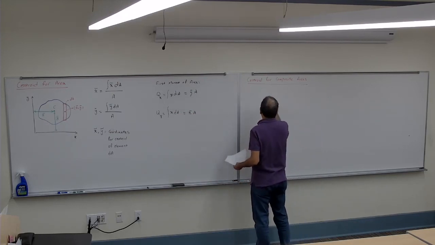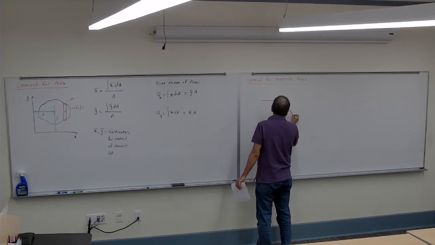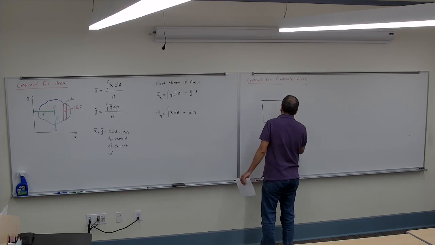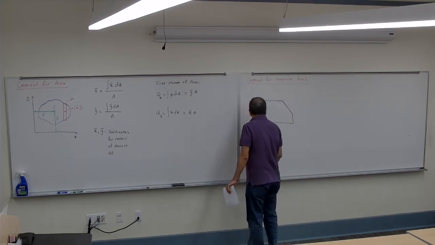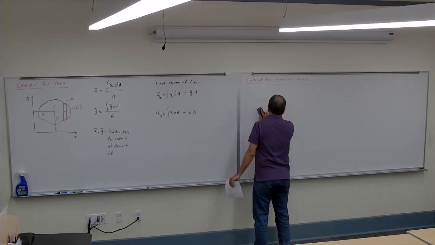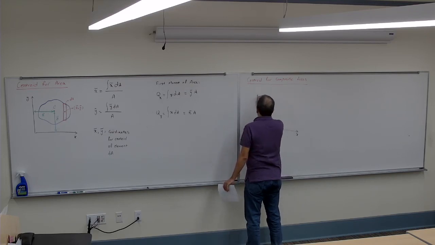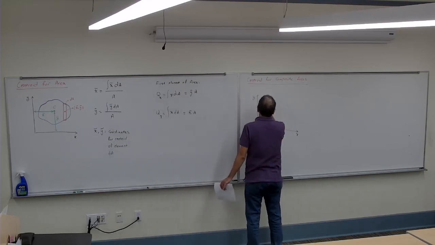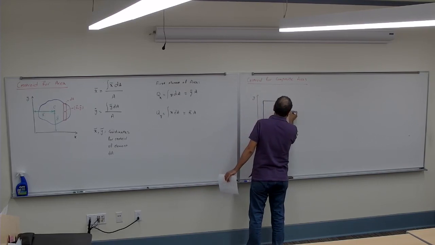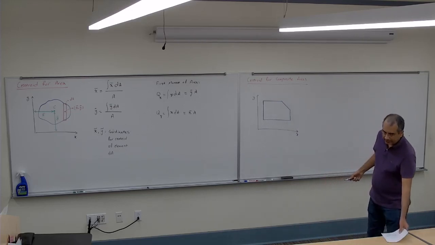So if I have a shape that, for example, looks like this, with X and Y axes, I can break it into shapes that I know.